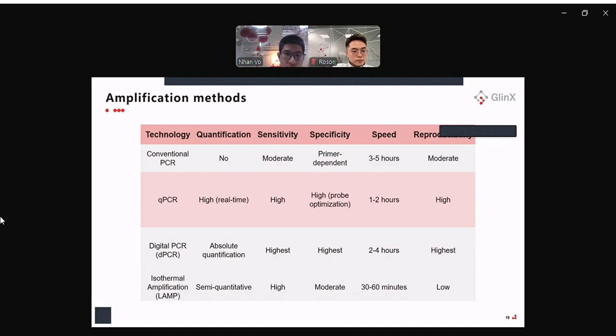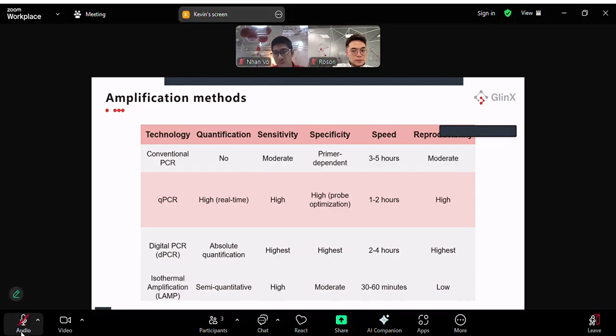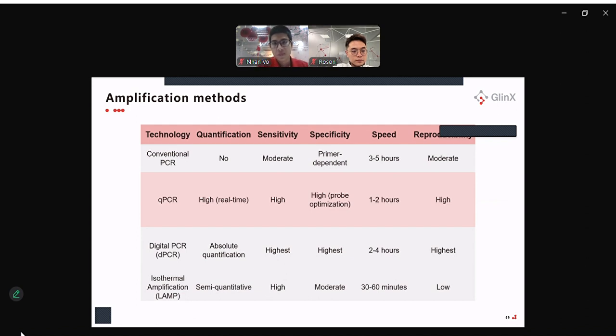When an animal's body contains a low copy of the pathogens, the final result might show a false negative because this kind of method is not that sensitive.